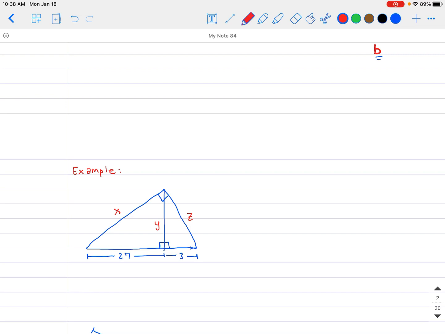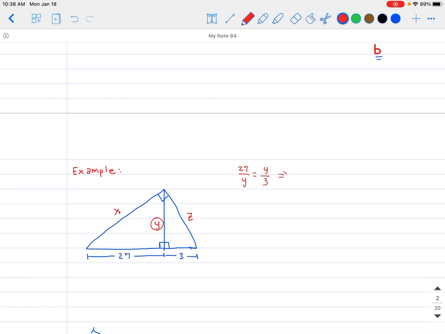The first one I can solve for is y, because y is the geometric mean to the two segments that make up the hypotenuse. And in terms of how that works, it's going to be 27 over y is equal to y over 3. So you can see how we can solve for y there and get the numerical answer out of this.